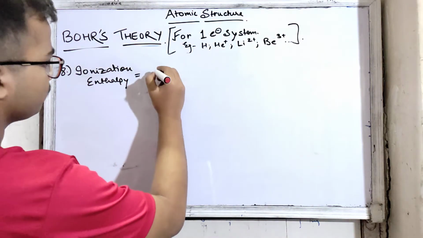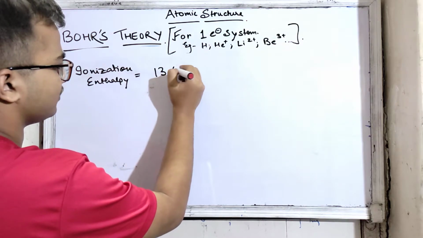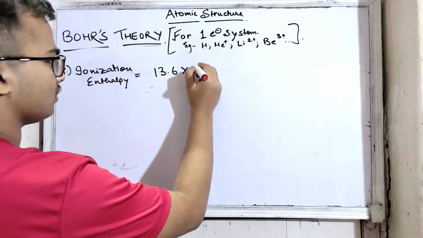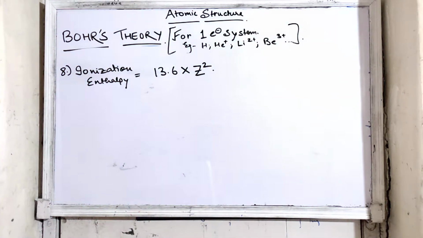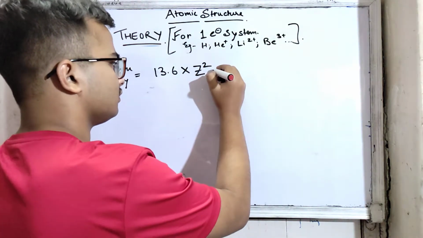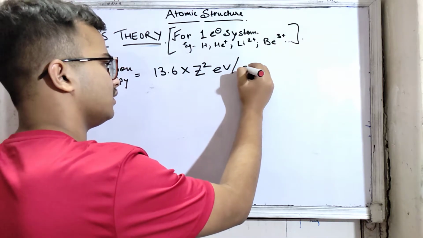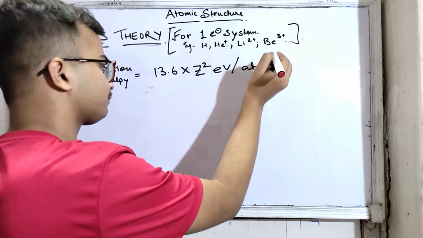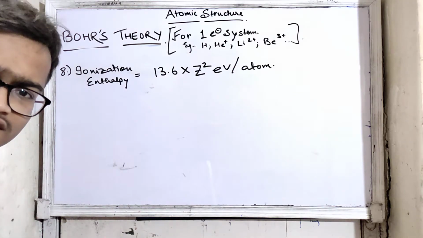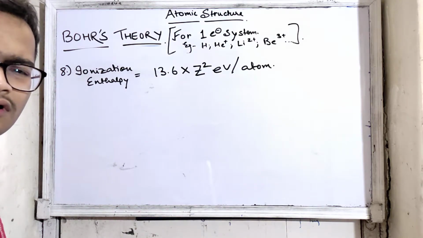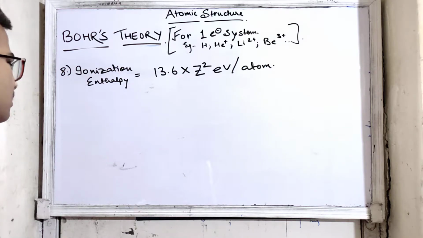It is equal to 13.6 into Z square, and the unit is electron volt per atom.